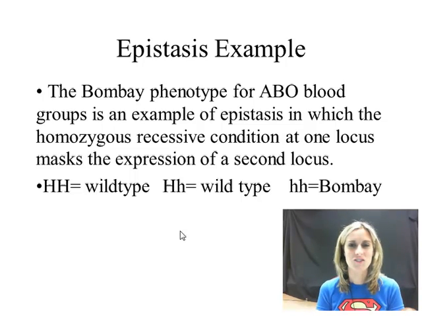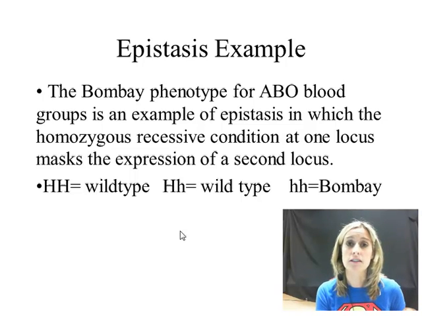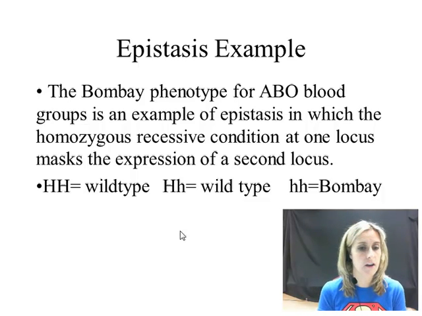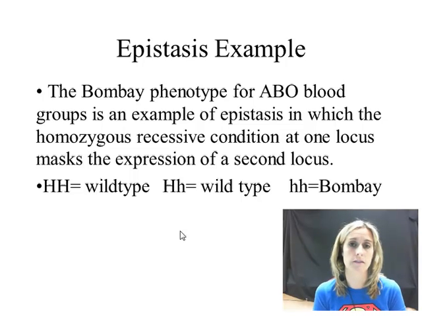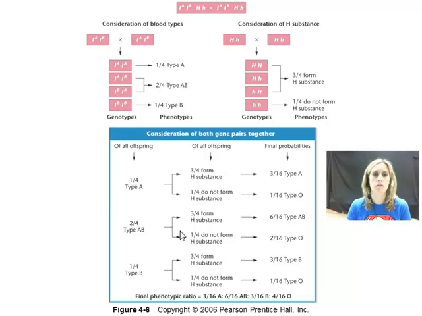Okay, so hopefully you have gone ahead and done a branched line or forked line diagram to cross two individuals that are both carriers for the Bombay phenotype, so they are heterozygous for Bombay, and they are both also AB blood type. When you cross those, you do one trait at a time.